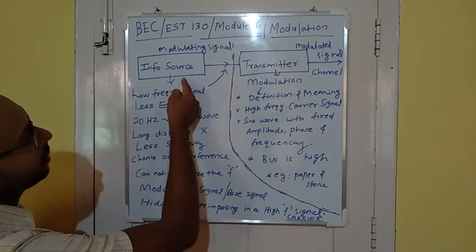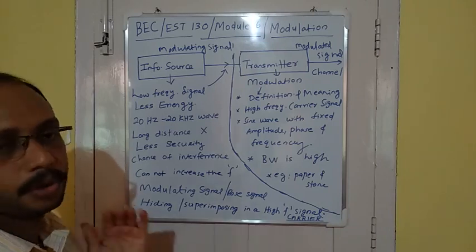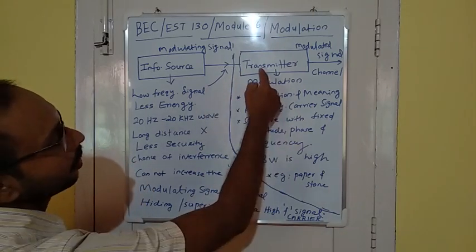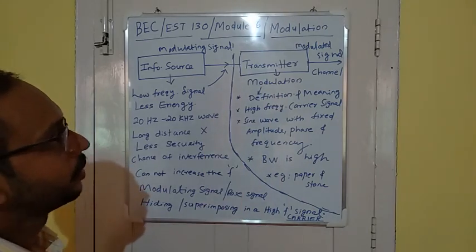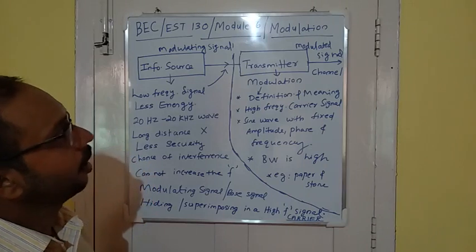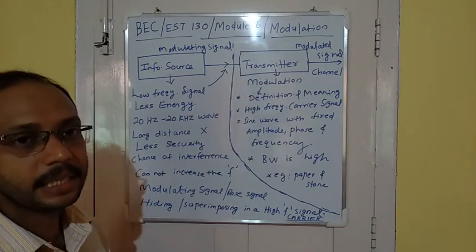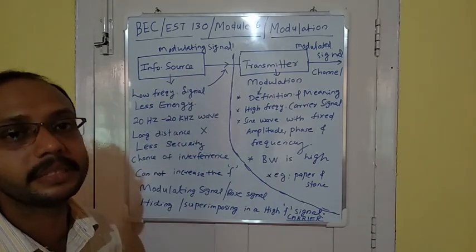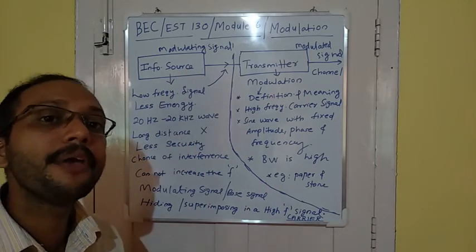So the information source contains the low frequency signal, and the transmitter performs the modulation process. In modulation we are superimposing this low frequency signal on a high frequency signal.